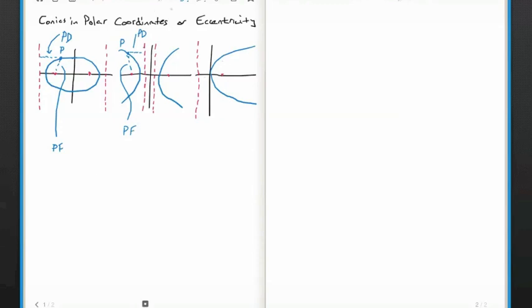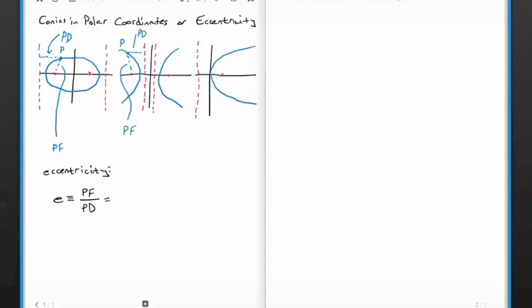Now we're going to define a new characteristic called eccentricity, and this is going to be pretty important for us. And e is defined as, the triple equals means defined, the point to focus length over the point to directrix length.